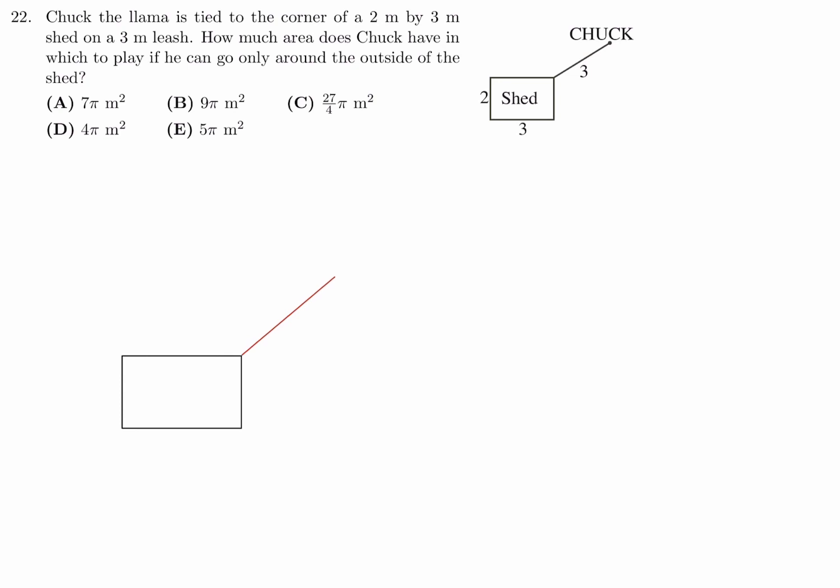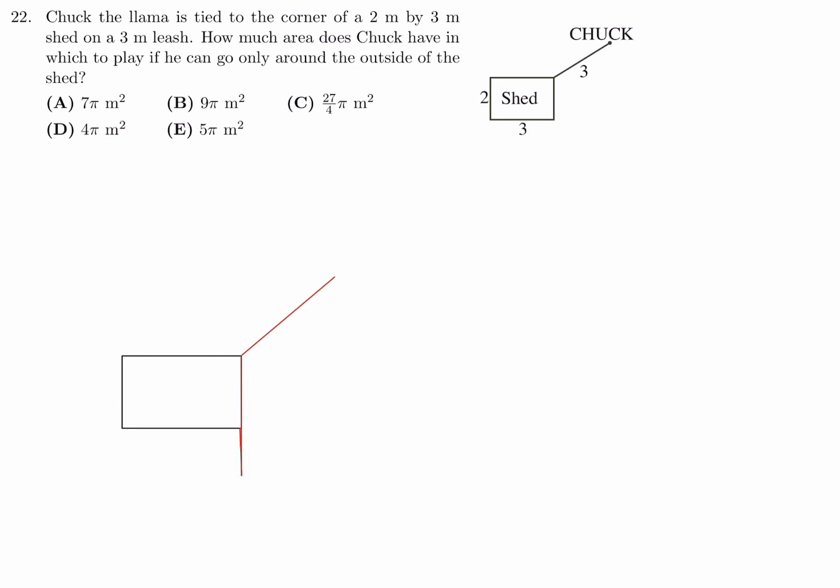So how can that leash move? Well, I'll show you. This is the leash, right? So he goes like that. That's his only way to move. And then when he gets to here, he can't go like that because he can't go inside the shed. So at this point, he can only go like this.